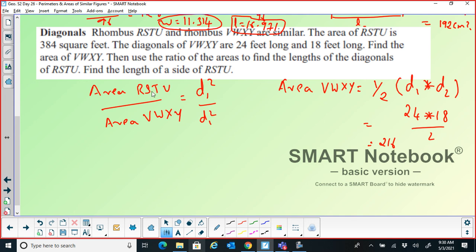By this I mean the area of RSTU, which is 384 square feet, divided by the area of VWXY, which we found was 216, will be equal to, in case of VWXY, let me call diagonal 1 as 24 feet, 24 feet squared. In this case I have not been given the diagonal for RSTU, so I'll just keep it as d1 squared. I can cross multiply and find the diagonal of this particular rhombus.